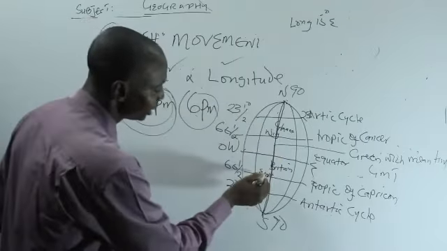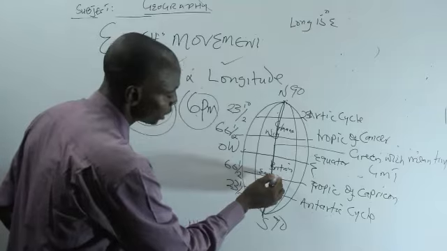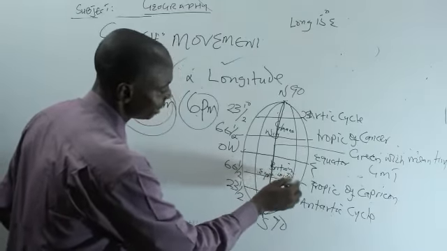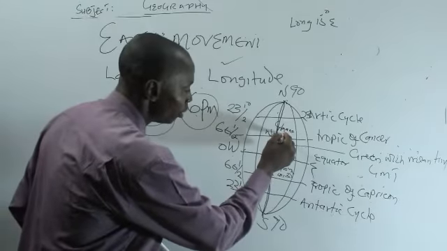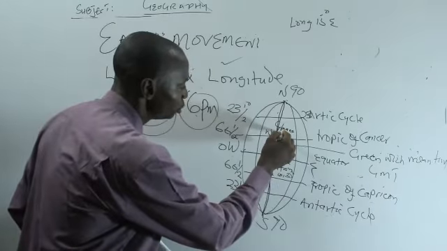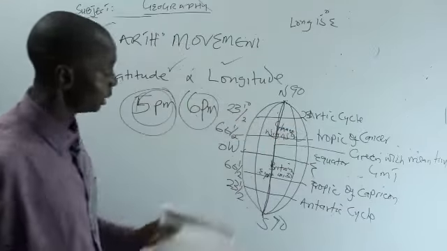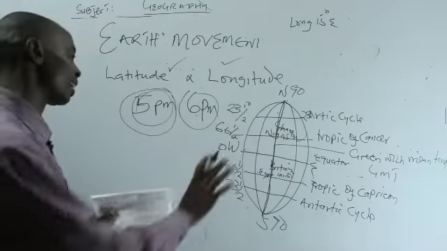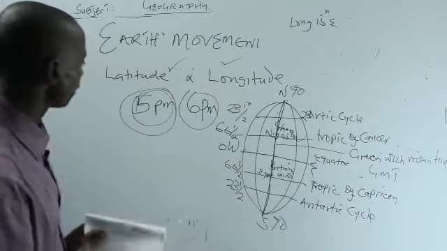Then they will ask you, what is the distance in kilometers? If Egypt is located on latitude maybe 30 degrees south, and Nigeria is located on latitude maybe 45 degrees north, there is a formula. We are going to do one, just simple arithmetic, so that you know how to calculate.